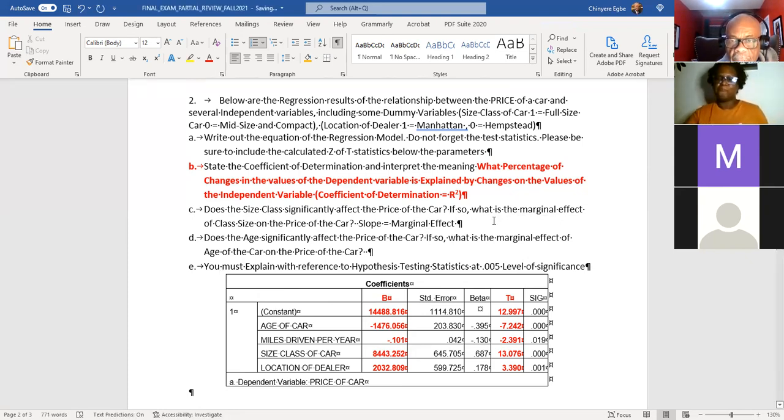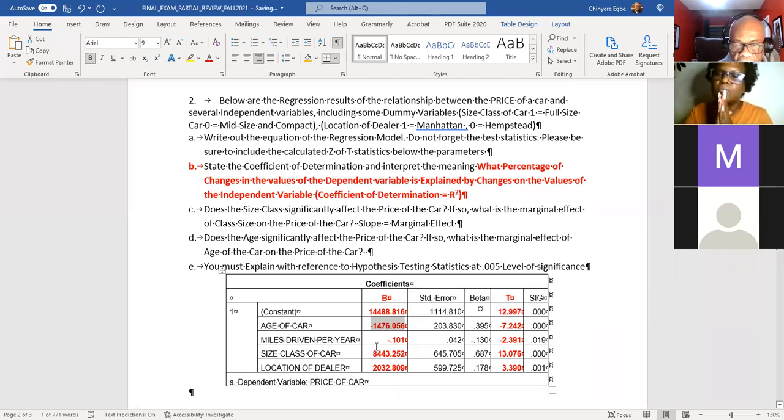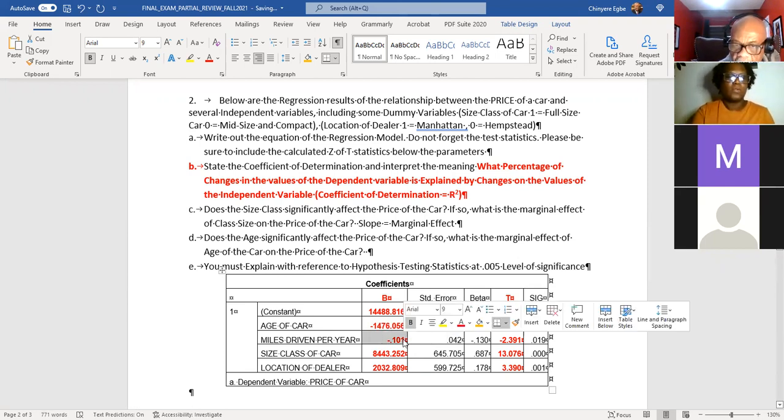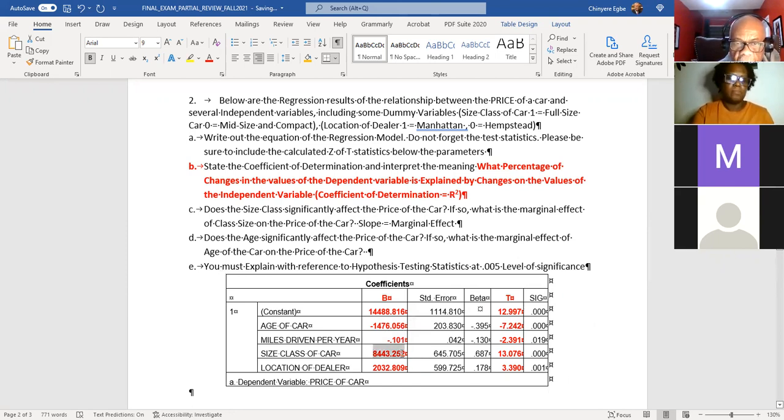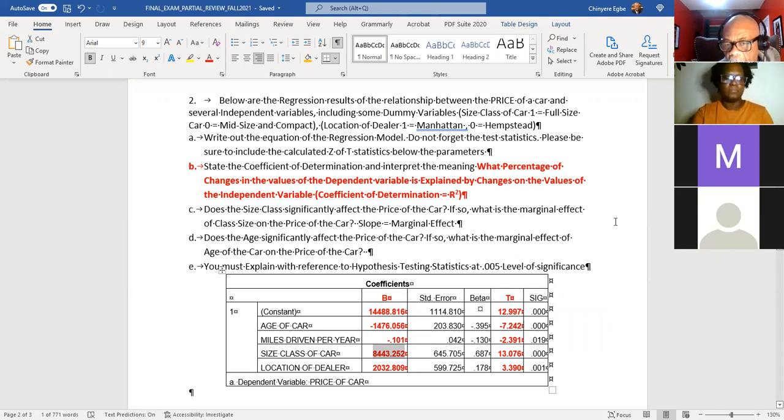Slope. And if you go to buy a car, the age of the car reduces the price. As you can see, the older the car, the lower the price. And again, the more miles that you put in the car, the lower the price. That's very clear. The size class is a compact car, a medium-sized car, and what have you.